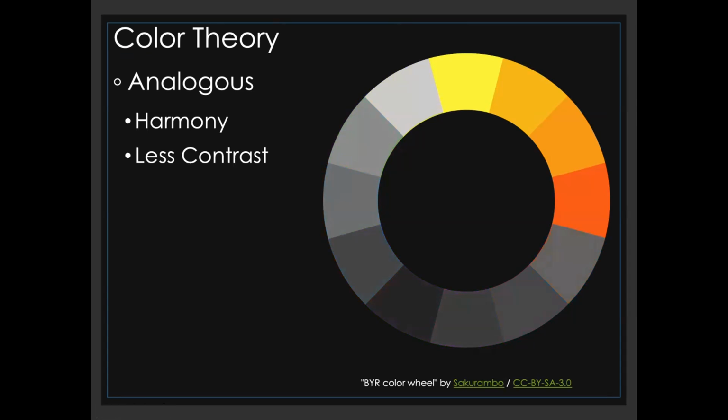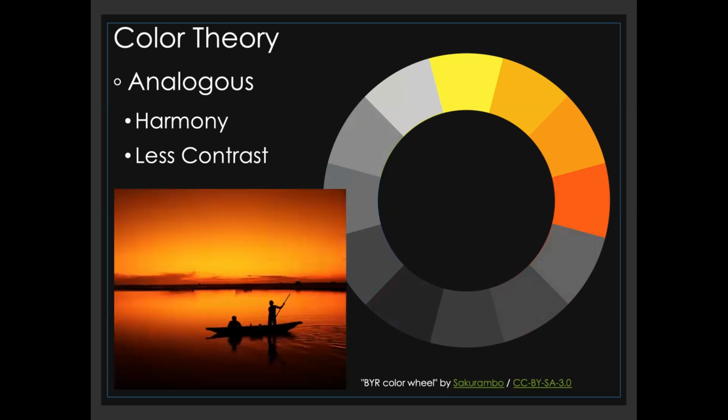There's a lot of harmony in these colors, but not a lot of contrast. Think of your classic sunset image. It's very calming and soothing, but there are really no pops of color. It's not very visually interesting, but it is very calming and harmonious.